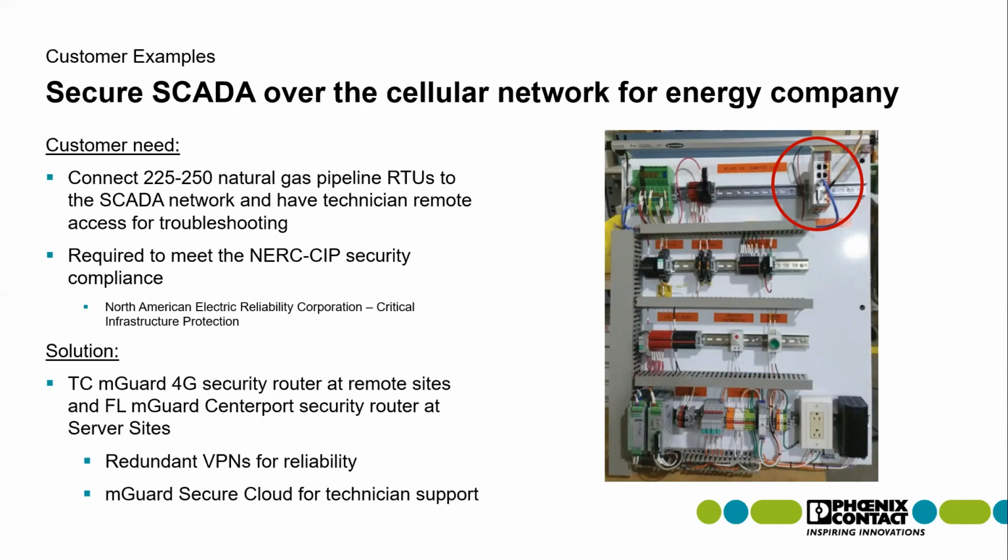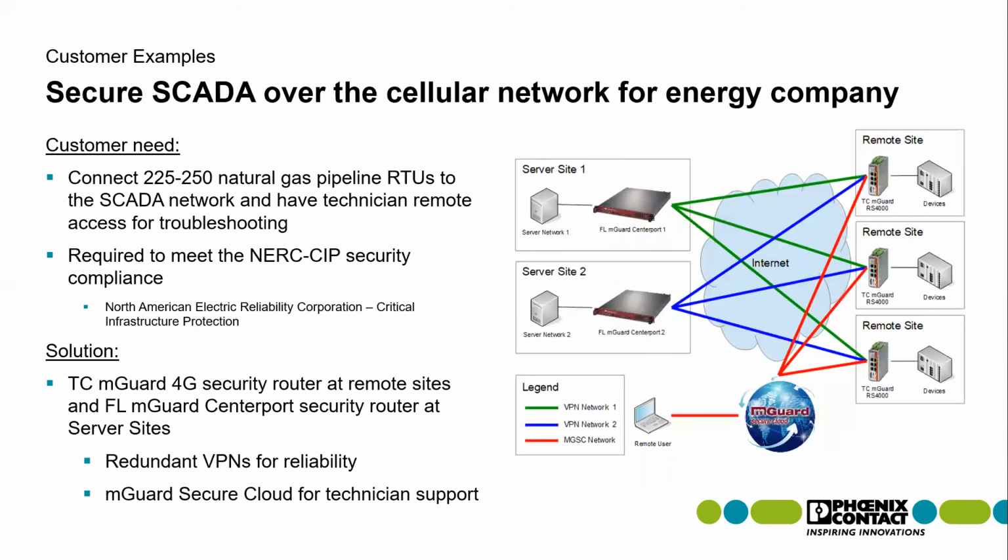So they needed to update the security of all their systems and enable some secure remote access. To help them out with this, we deployed our cellular mGuard, the TC mGuard 4G, at all of the remote sites. We also used our 19-inch rack mount FL mGuard Centerport devices at the server sites.